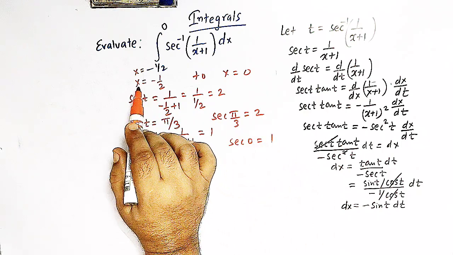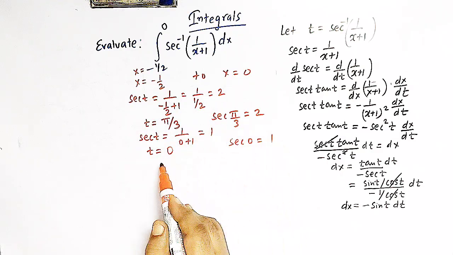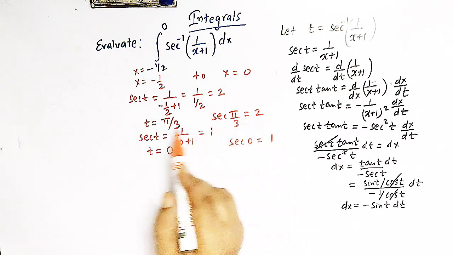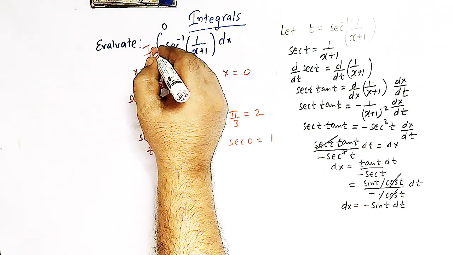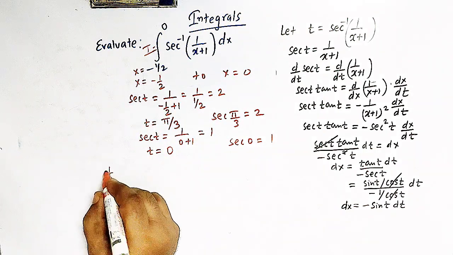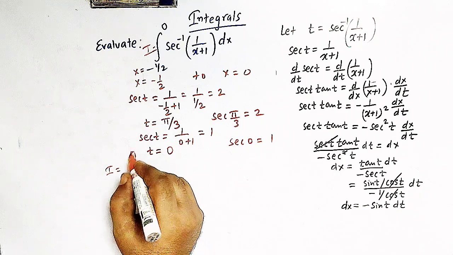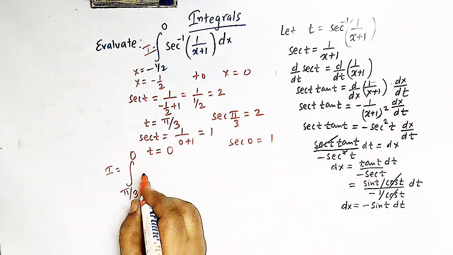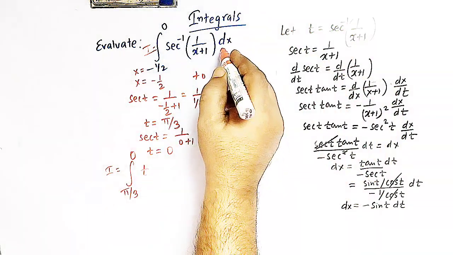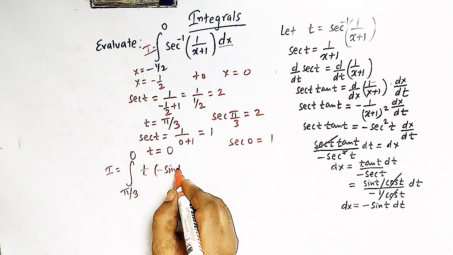So when x varies from minus half to 0, then t goes from pi by 3 to 0. Now let us take this integral as I. So I can be written as the integral from pi by 3 to 0, and secant inverse 1 over x plus 1 is t. So here we can write t, and for dx we can write minus sine t dt.